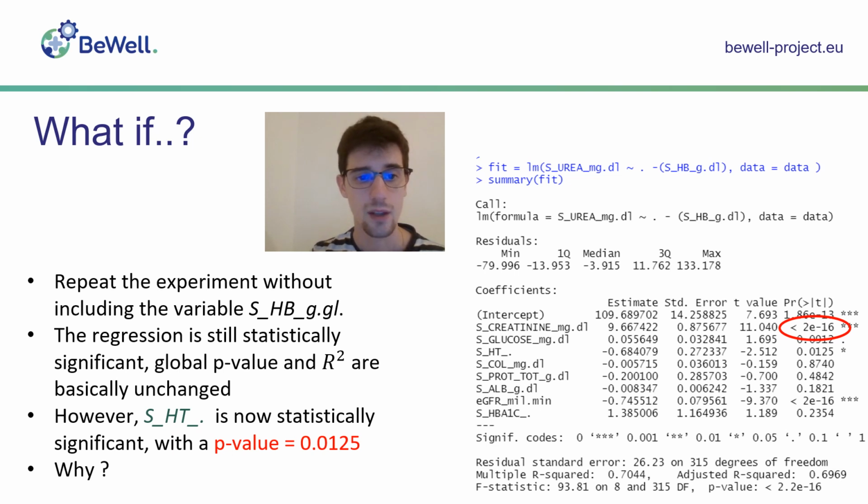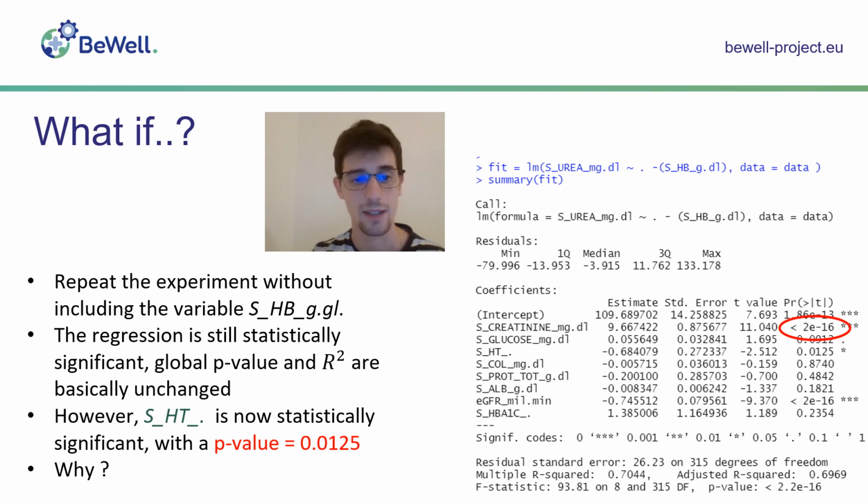However, instead of deleting s_ht, let's try deleting s_hb. In order to fit the model without a single variable, we can use the dot symbol followed by a minus and the name of the variable we want to exclude in round brackets.